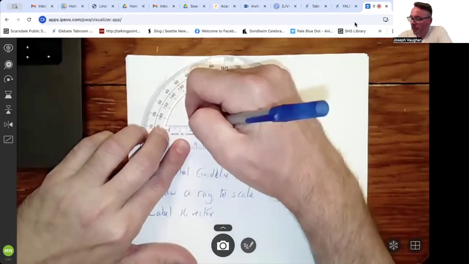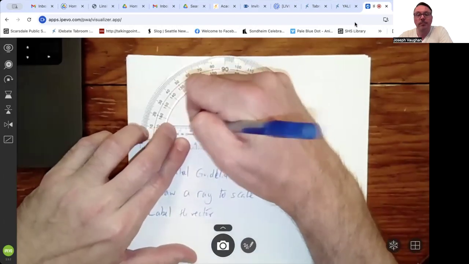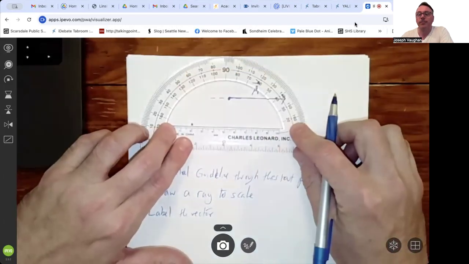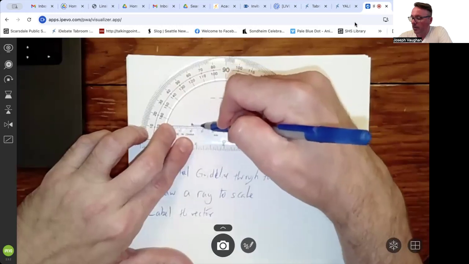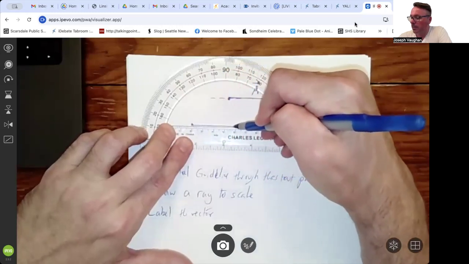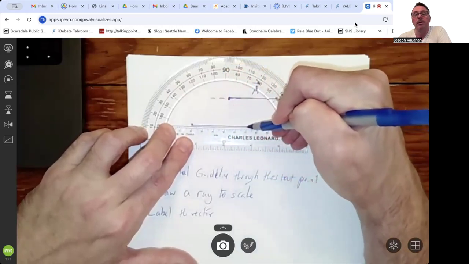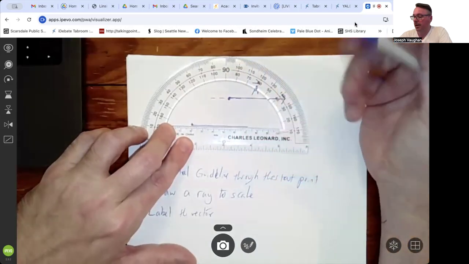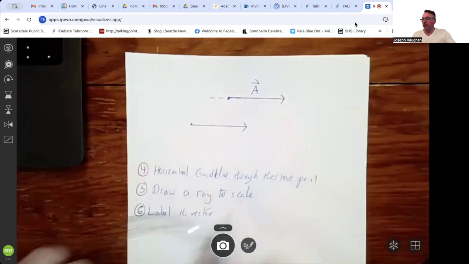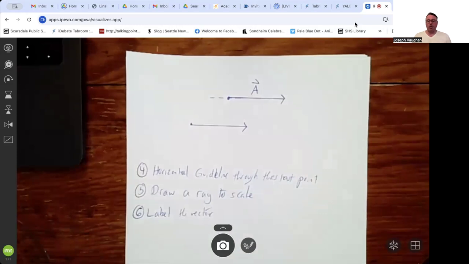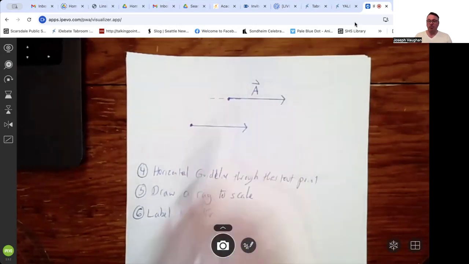I'm going to pick a new starting point. Everyone see that? And I'm going to go. We're going to see how long that is. So what did I just draw? Well, it points east in the same way that this vector pointed.